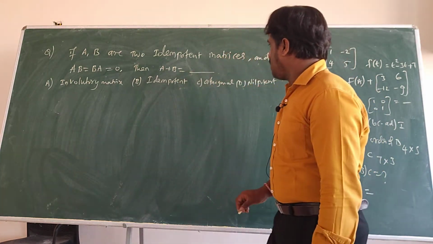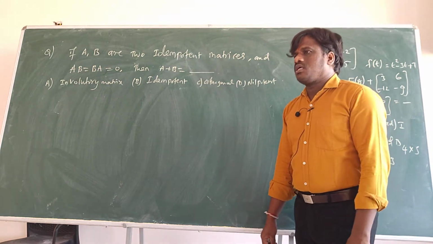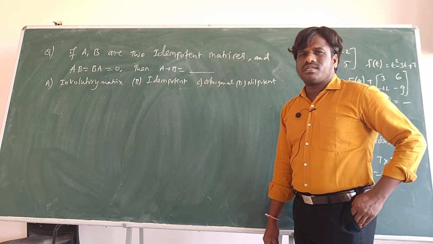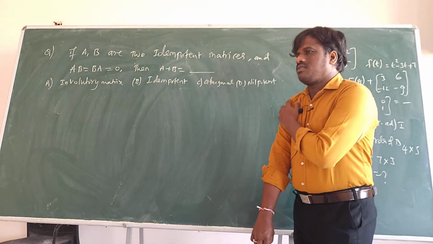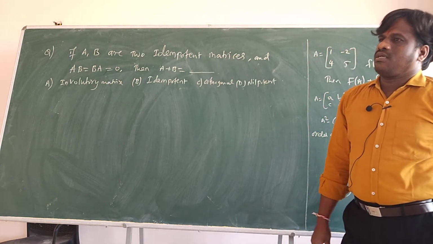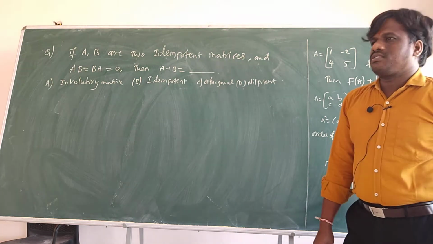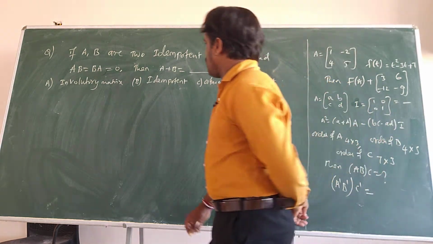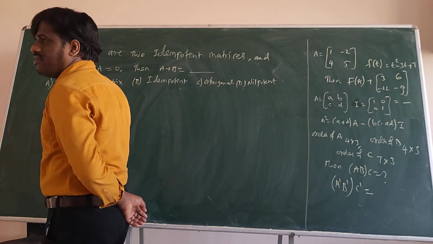See, an involutory matrix means A square is equal to I. Idempotent means A square equals A. Orthogonal means A into A transpose equals I. Nilpotent means A power n equals 0. So now we will check idempotent first, before involutory.